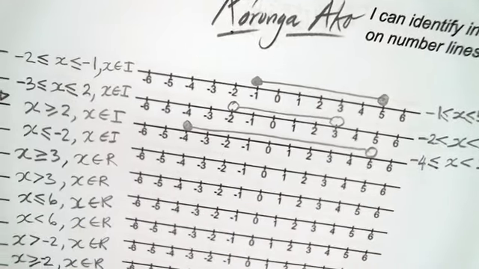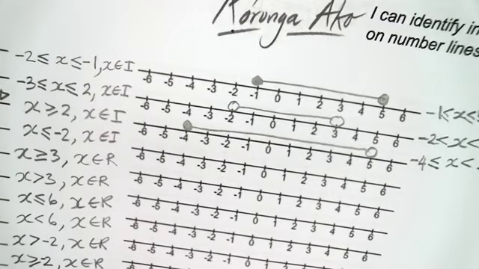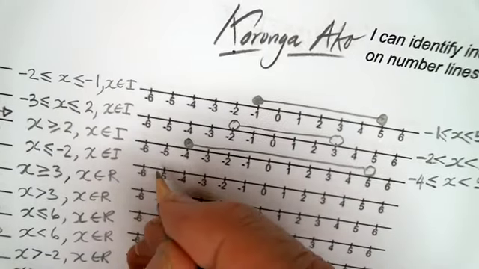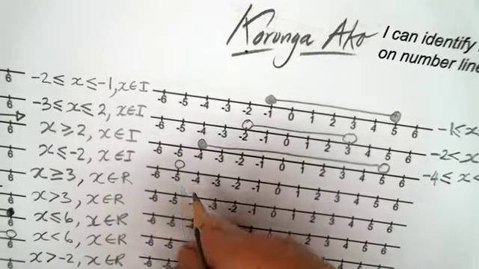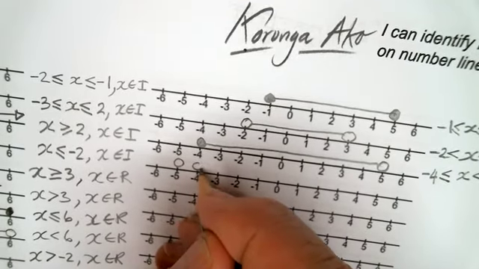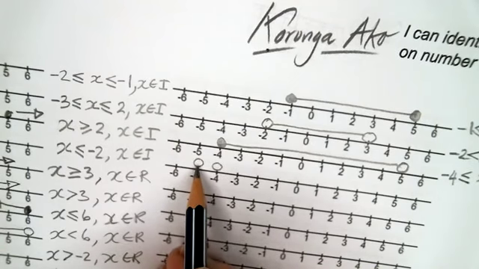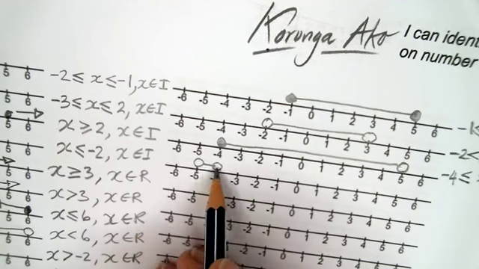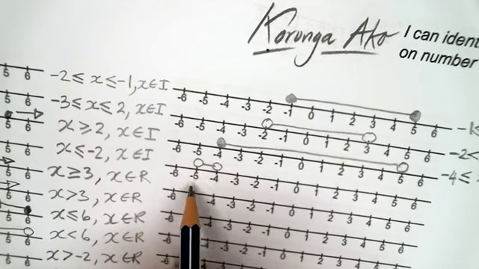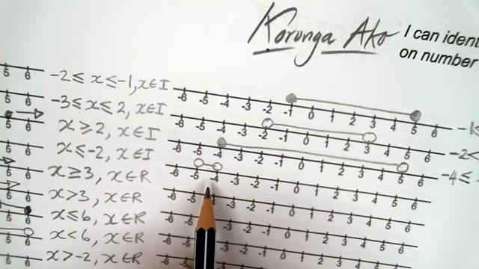Let's try another one. Let's make it real short. Let's make it negative. Let's go from -5 and -4. It's going to be greater than -5 and less than -4, but never quite touches either. So it's all the things in between those, but not including -5 and -4.